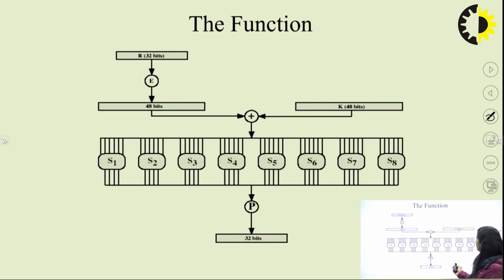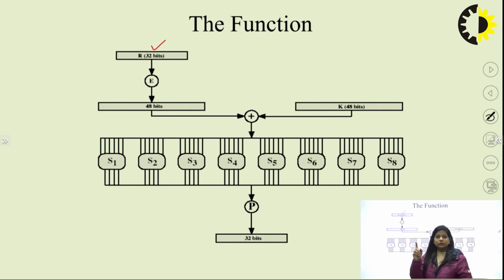So what is this function, exactly how is it working? Here we have our 32 bits, apply an expansion with the key, so we got 48 bits, right?